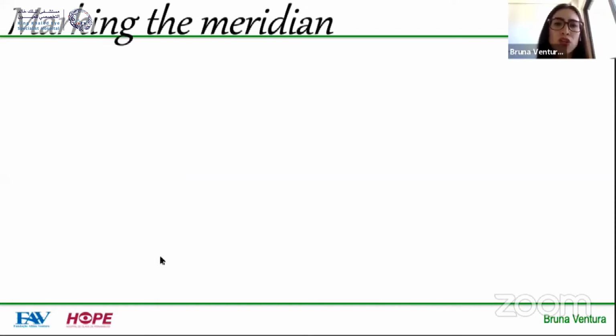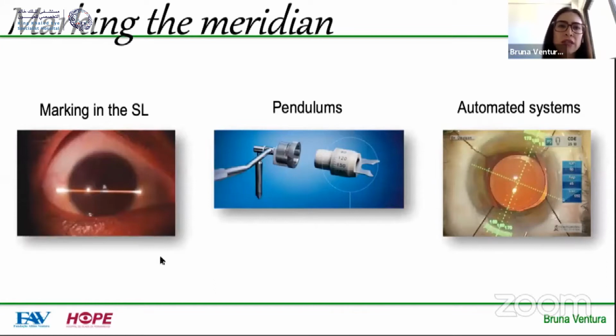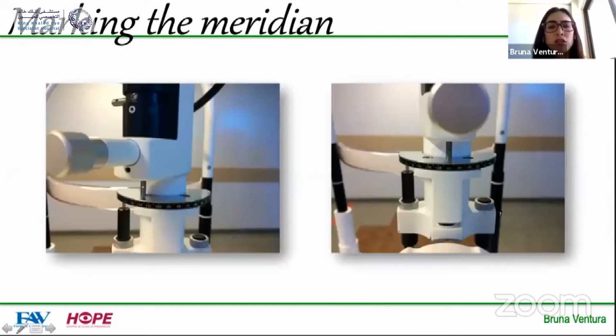With regards to the IOL alignment, there are many ways that we could mark the meridian. We can use the slit lamp, we can use pendulums, automated systems. We tested the automated systems in our institution, but I went back to using the slit lamp, which works wonderfully. It is important for the slit lamp to have this dial, which enables us to know in which meridian our slit is aligned.